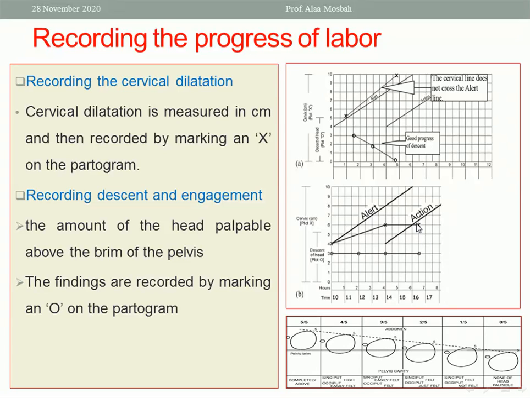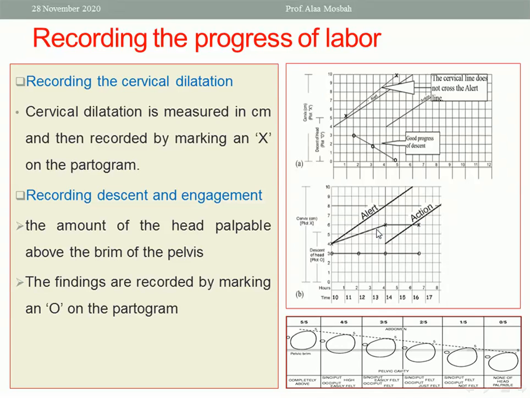Okay? So you shouldn't reach the right side of the action line. And if you reach that, know that the delivery will be difficult and needs emergency cesarean section, operative delivery.